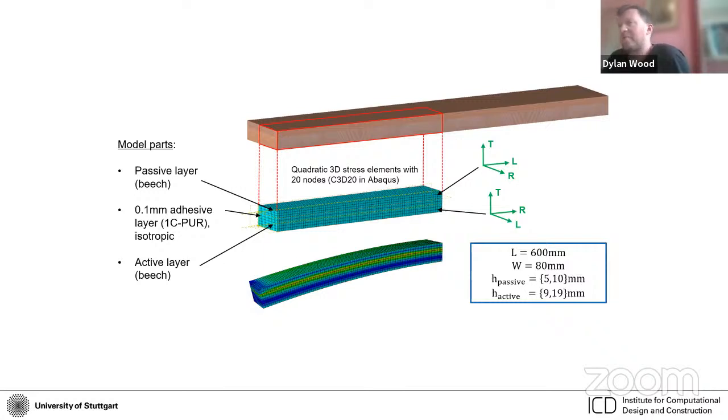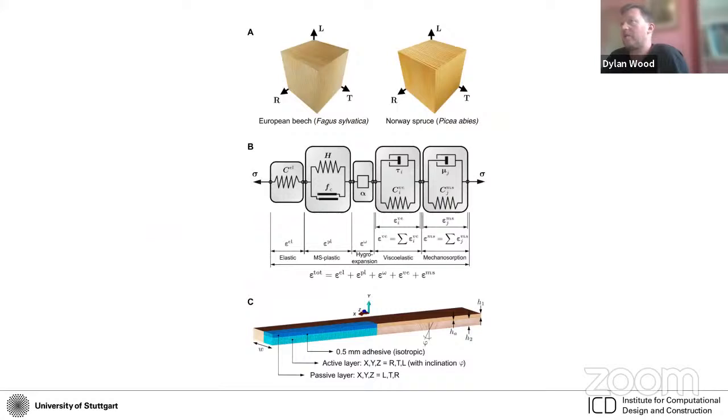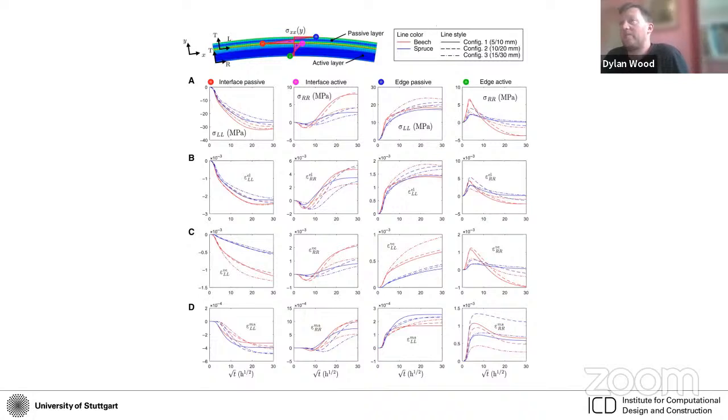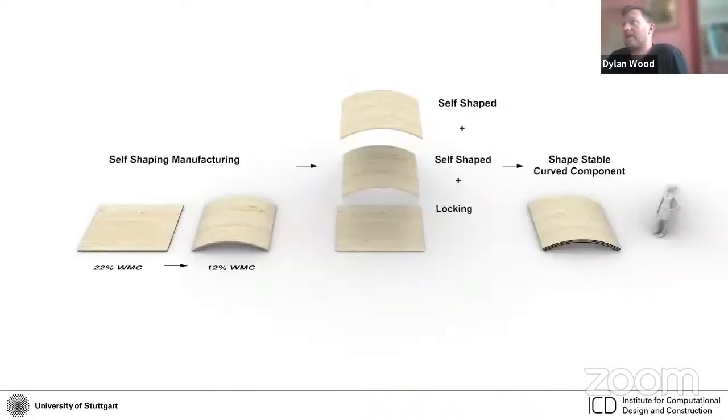But this involves building not just an FE model, but also incorporating models that take into account many of the more complicated material characteristics of a material like wood. When we're able to do that, it means that we can more accurately predict the movement, plan it, and also adjust the key parameters in order to produce a specific curvature that we're looking for.